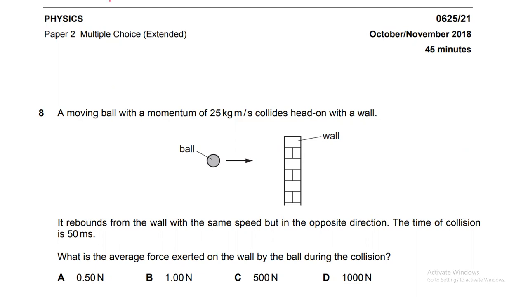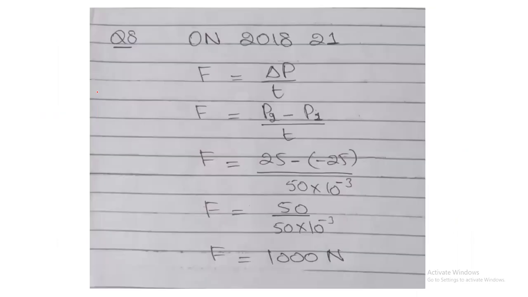What is the average force exerted on the wall by the ball during the collision? You see, the resultant force is equal to the change in the momentum divided by time. So it is P2 minus P1, and he has told in the question that when the ball was going towards the wall, its momentum was 25 kg meter per second.